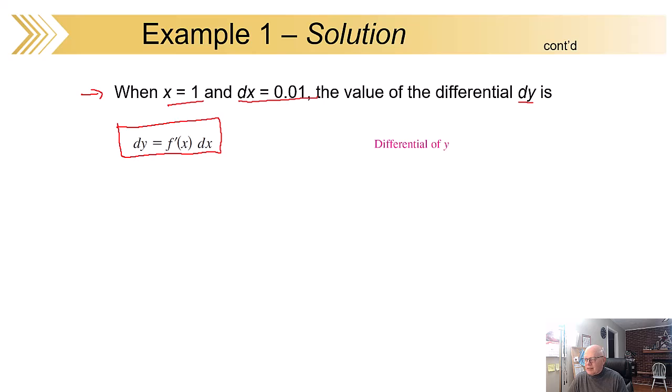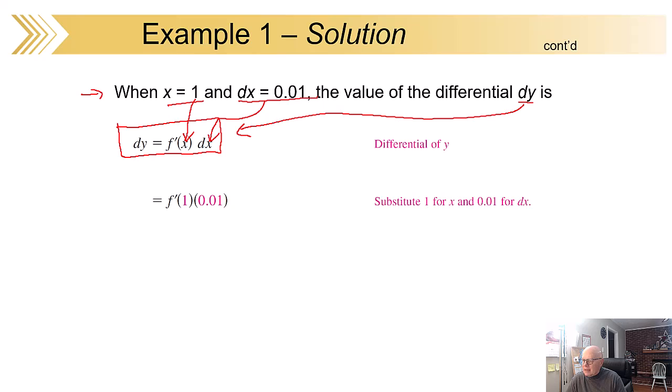Well, guess what? For one time only, perhaps, this is rather easy. All you have to do is put those things in. The x equals 1, that's going to go in here. The dx is going to go in here, like that. The 1 goes into the derivative. You're going to figure out this, and you're going to multiply it by delta x, or dx.